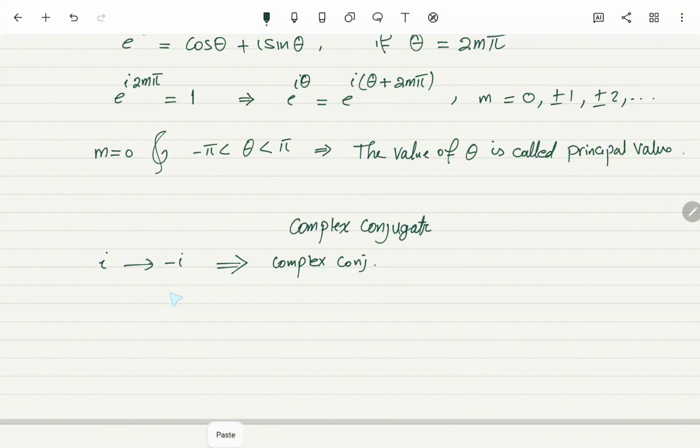And assuming that we have z equals x plus iy, the complex conjugate, placing a star over z, equals, now you replace i by minus i, so it's equal to x minus iy. So this is the complex conjugate of this one right here. And again, the argument of the complex conjugate of z is equal to minus the argument of z.